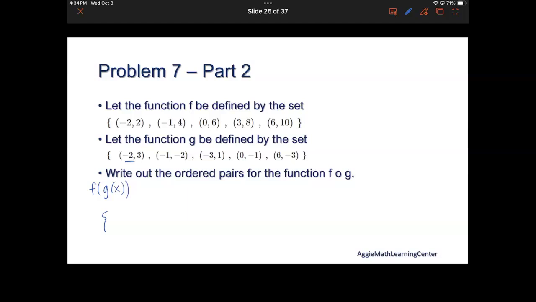In function g, I have an input of -2 that gives me an output, I'm going to do a circle, of 3. Do I have an input of 3 in f? Hey, look, I do. That gives me an output of 8. So we're in business. At inputs of -2, I have outputs of 8 in the function f composed of g.